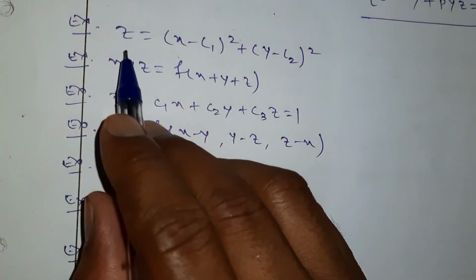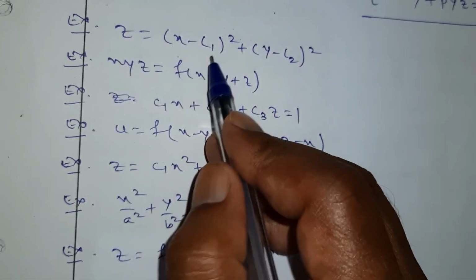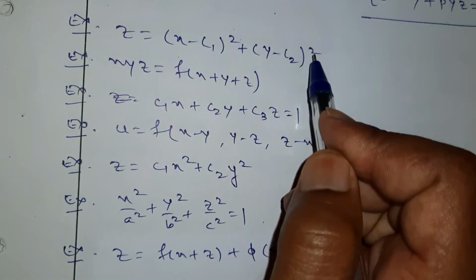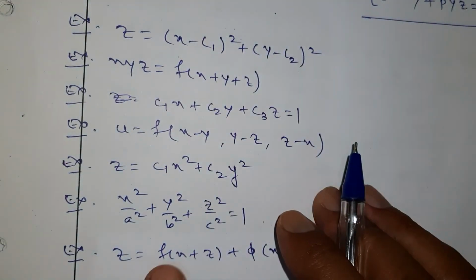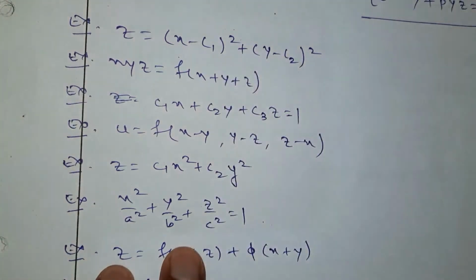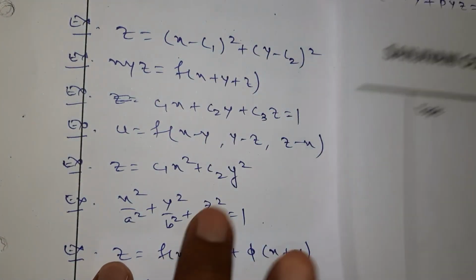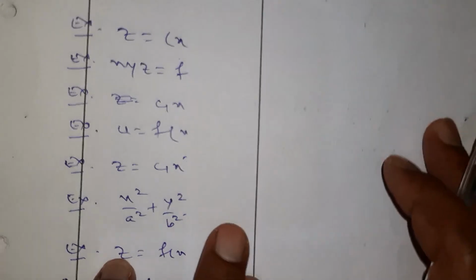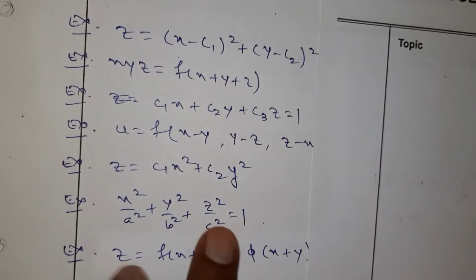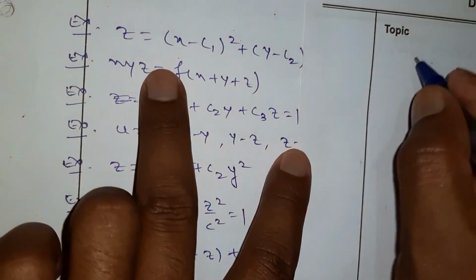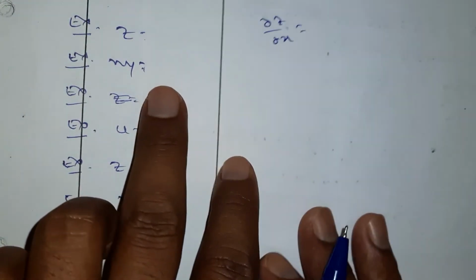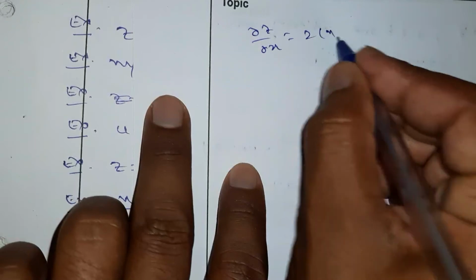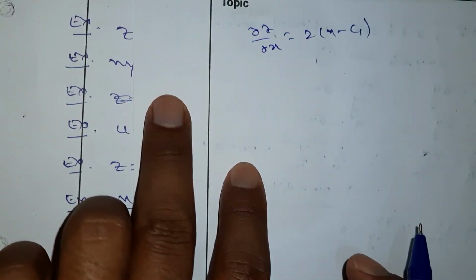See here, one function is there: z is equal to (x minus c1) square plus (y minus c2) square, where c1 and c2 are arbitrary constants. How are you going to eliminate them? If you differentiate, you will get ∂z/∂x equal to 2(x minus c1).